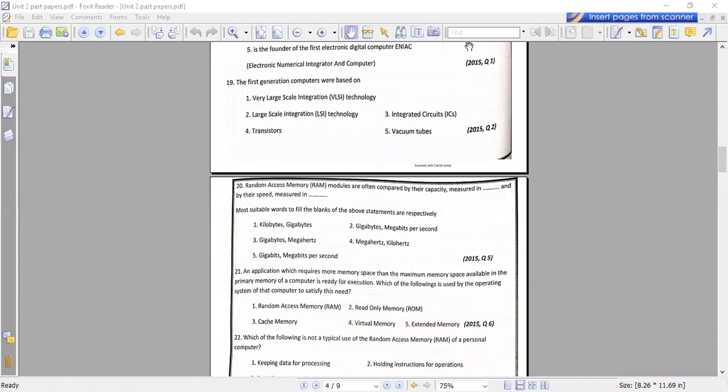So the capacity is measured in definitely gigabytes, and the speed is usually measured in megahertz. So the third one should be the answer.